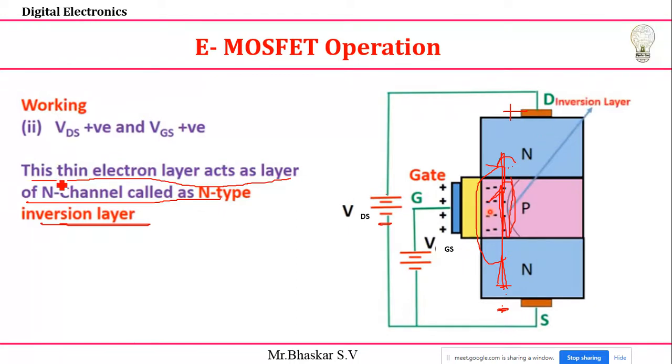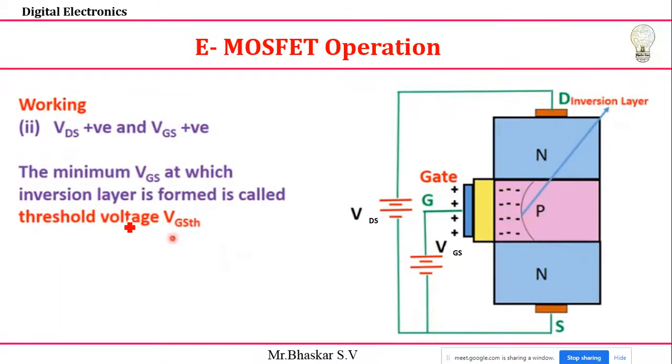Okay, so this thin electron layer acts as an n channel, called the n type inversion layer. Next, the minimum VGS at which the inversion layer is formed is called the threshold voltage. Remember, the channel is formed and electron current starts flowing, and a minimum voltage is required to form this inversion layer.